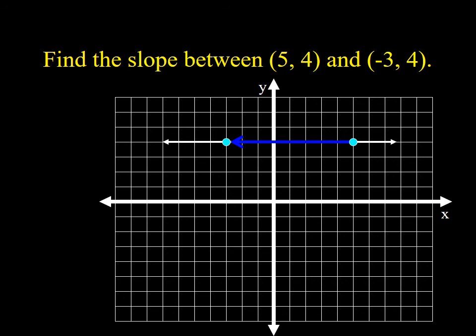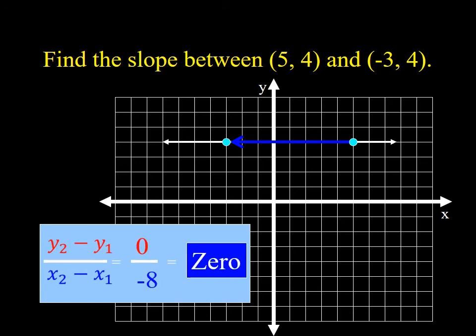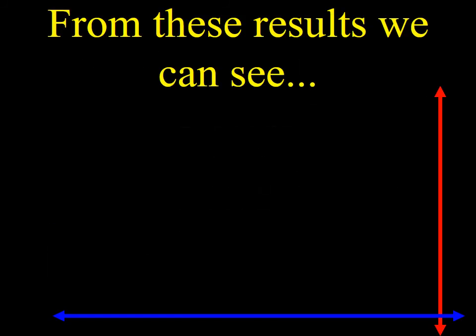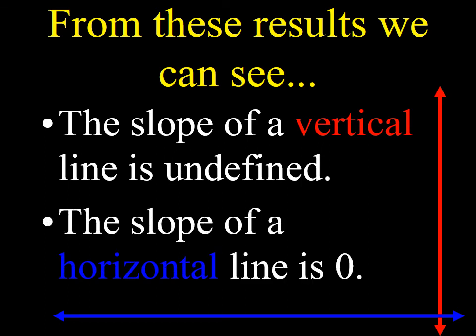Find the slope between (5, 4) and (-3, 4). The slope equals 0, so the straight line is parallel to the x-axis. From these rules, we can see the slope of a vertical line is undefined. The slope of a horizontal line is 0.